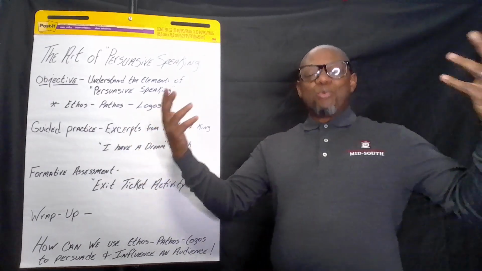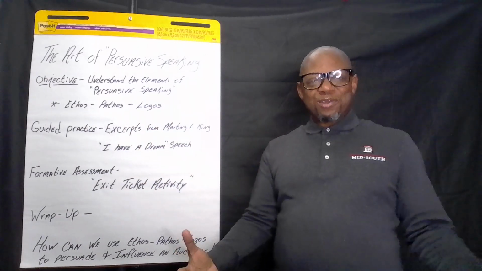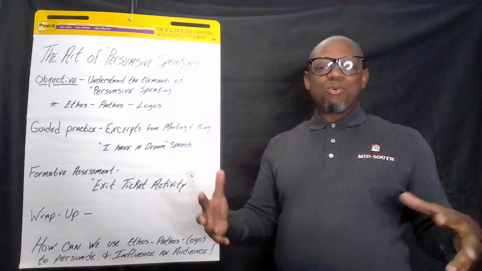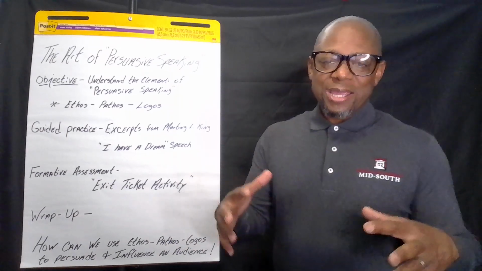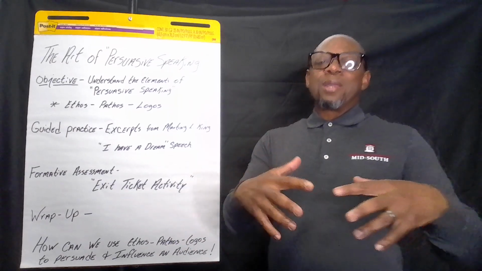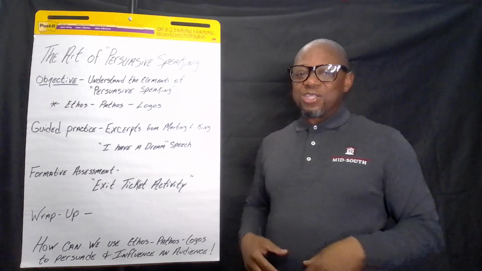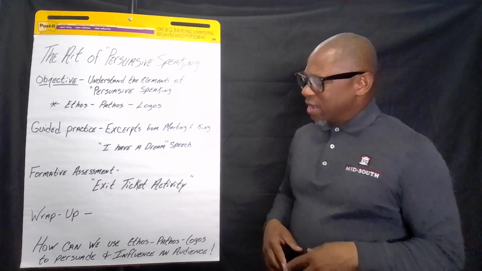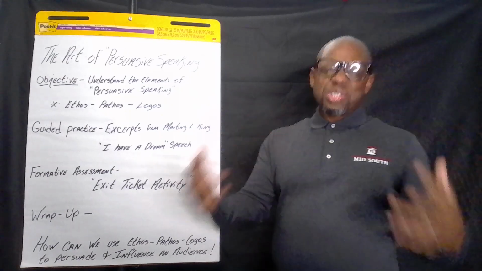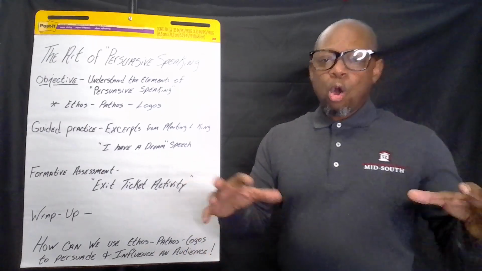Again, Will came in with paint all over himself, and he was still able to create a speech that was able to persuade these managers to hire him. So I want to leave you not necessarily with a homework assignment.